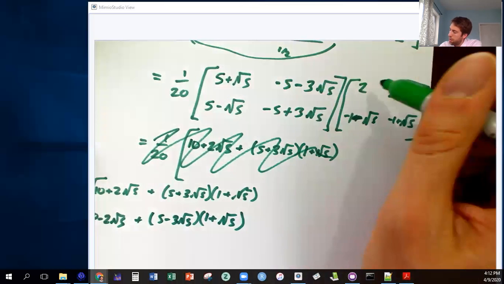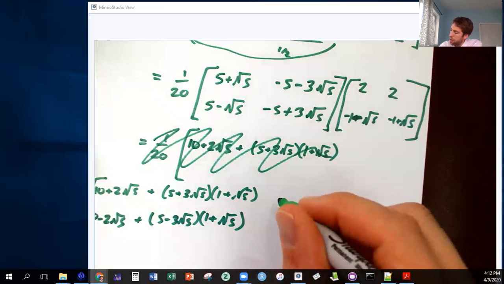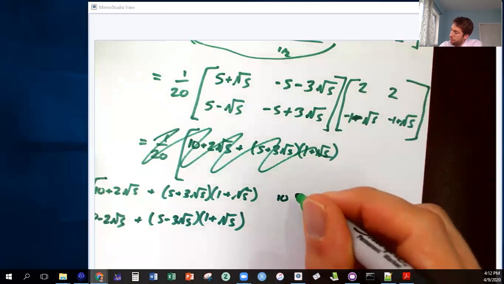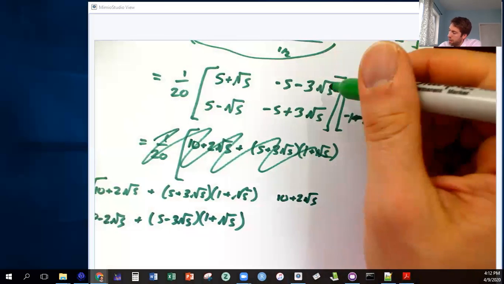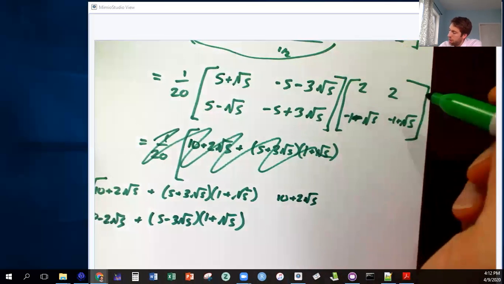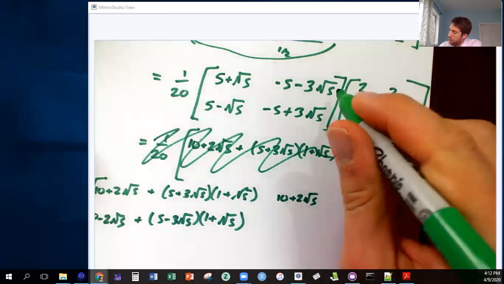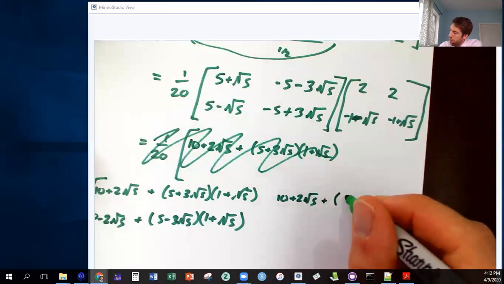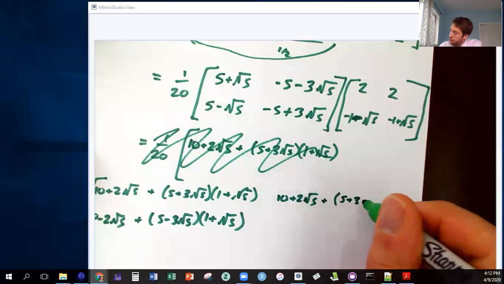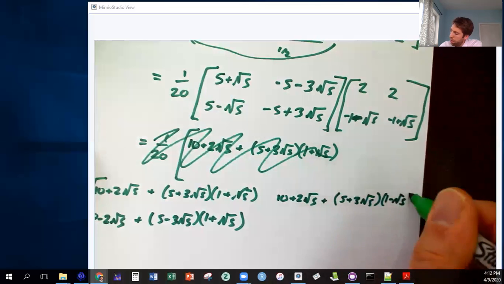And then here, you've got the same top. So then you still get the 10 plus 2 square roots of 5, and then that times that. So then it's just a minus on the square root there. Because if I factor out negative 1 and negative 1, I get plus 5 plus 3 square roots of 5 times 1 minus square root of 5.